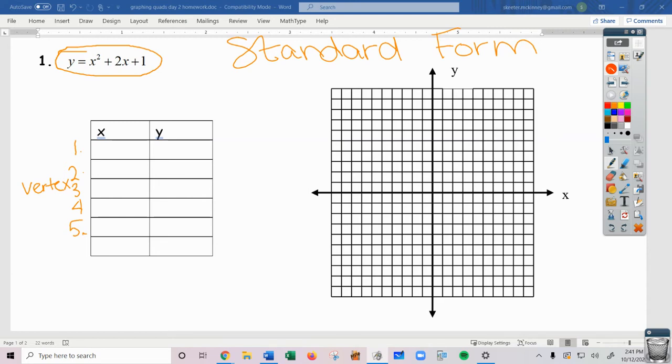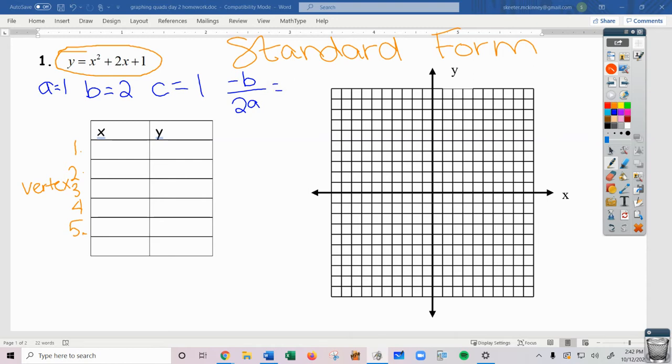So if we're looking up here at this original problem, what does a equal? We should have picked 1. Okay, what does b equal? 2. And what does c equal? 1.